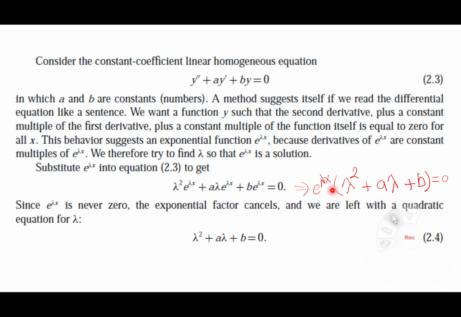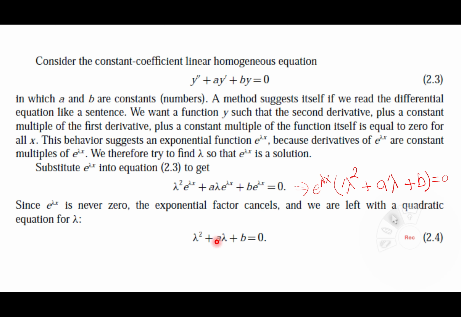And we found by some mathematical logic that there is an equation called the characteristic equation, which can be formed from the coefficients of the original differential equation and a lambda, which is the parameter of the assumed e to lambda x as a solution for this equation.